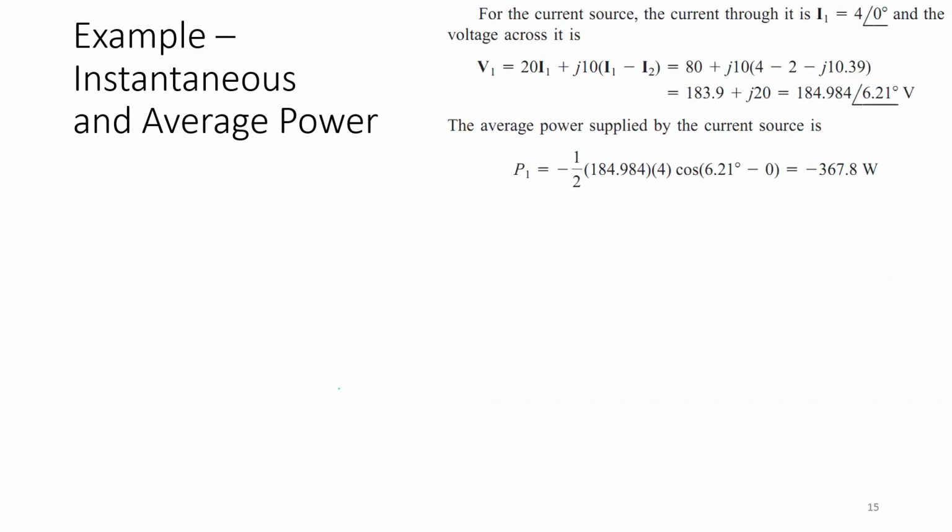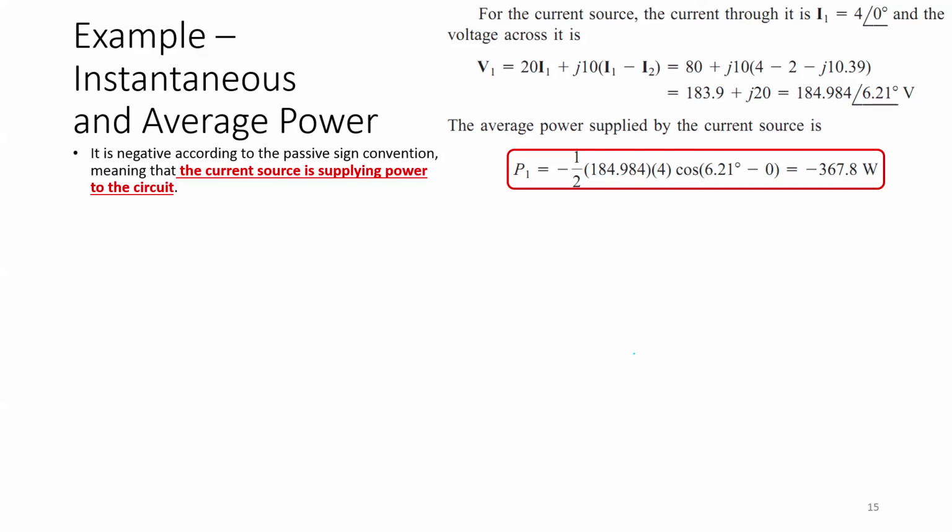For the current source, the current through it is 4 ampere and the voltage across it can be found using this relationship.